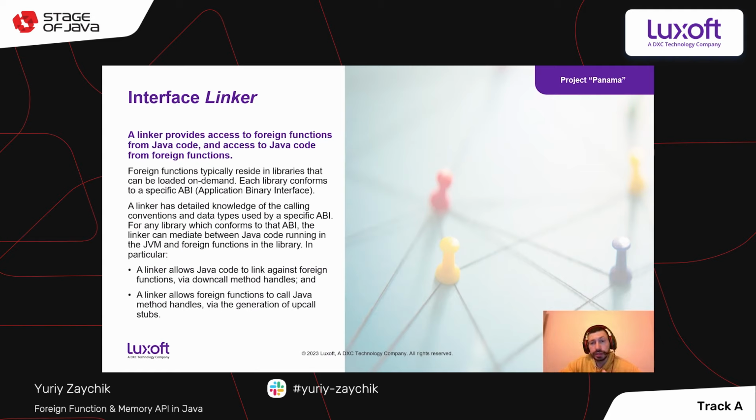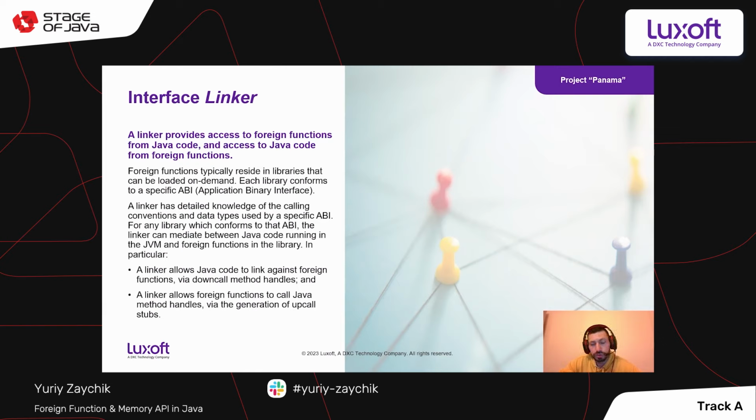Linker has a detailed knowledge of the calling conventions and data types used for a specific ABI. And for any library which conforms to that ABI, the linker can be some kind of a mediator between the Java code and the foreign binary code.